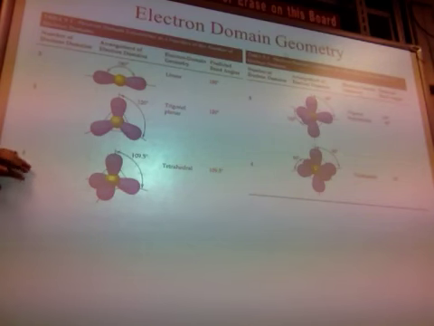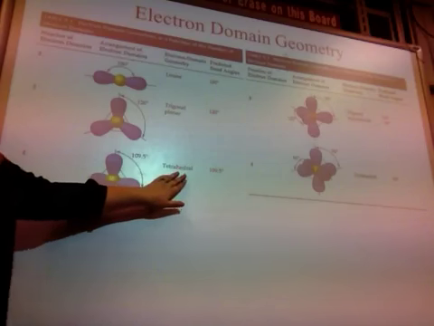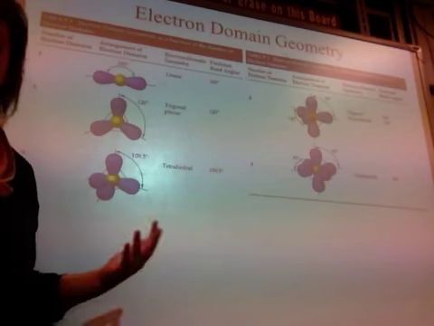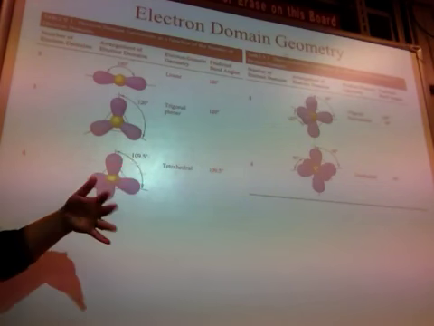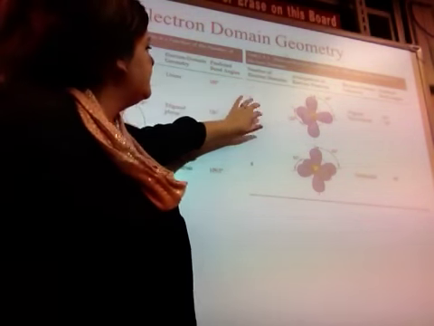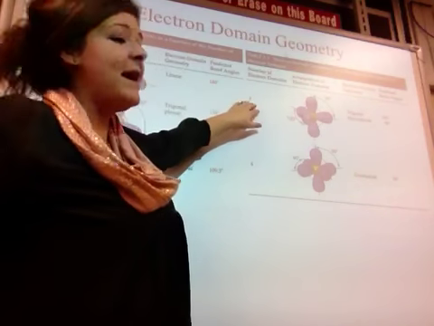If there are 4 electron domains, then I have tetrahedral. And if I'm looking at this tetrahedral, then the bond angle between the surrounding atoms would be 109.5. You do need to know these bond angles because I will ask you those. On this one over here, guys, we have number of electron domains if we had 5.